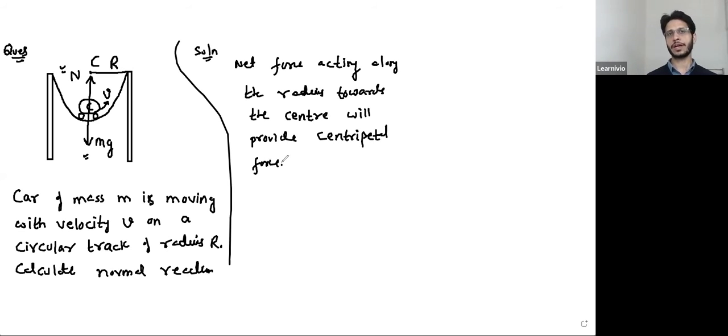So the net force which is acting along the radius towards the center is the one which will provide centripetal force. So what is the net force acting along the radius towards the center here?